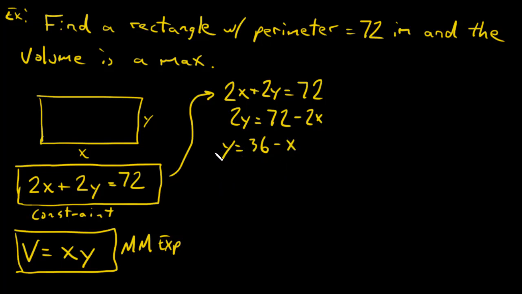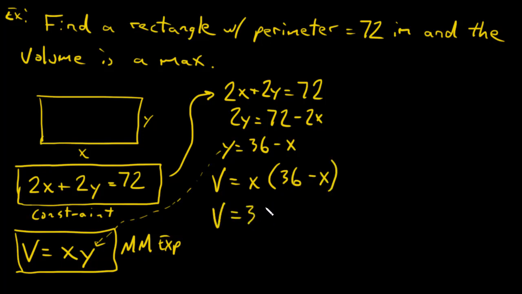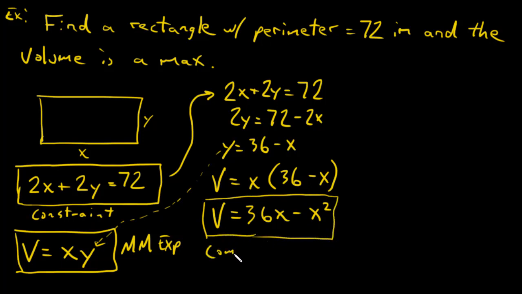So, now that I have that, I can plug that in to this y right down here, and I'm going to get v is equal to x times 36 minus x. Okay? V is equal to 36x minus x squared. And this is now my constrained min-max expression. Okay, so now I can take the derivative and solve.